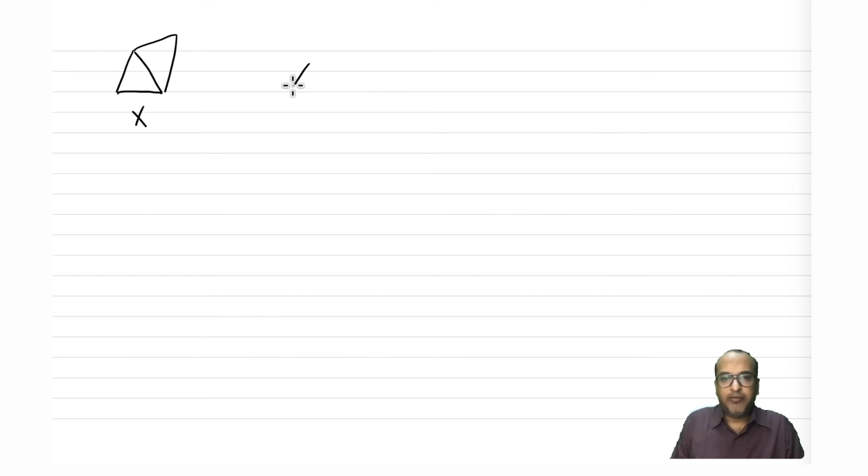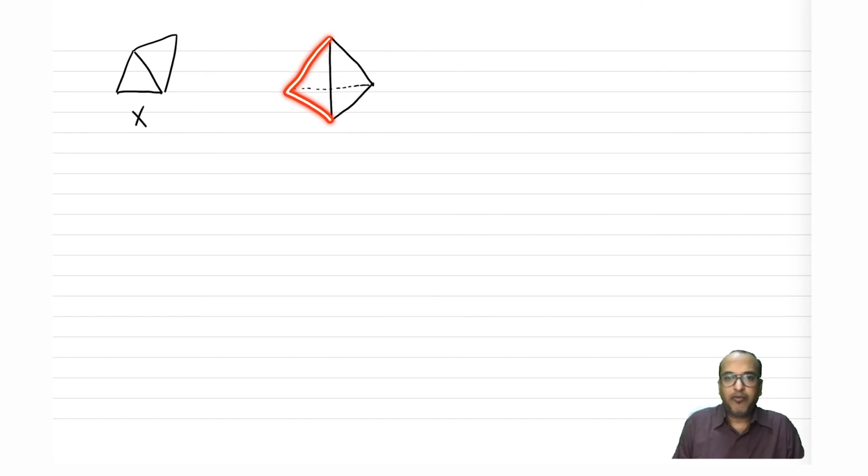However, if we have three equilateral triangles connected, two are depicted on this side and another on this. Let me draw it a little bigger so that you can visualize it clearly. So this is one, this is second, and the third one is at the back.